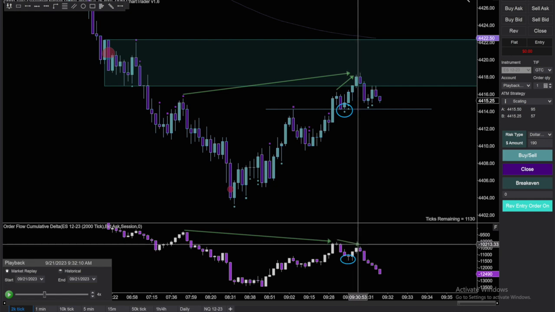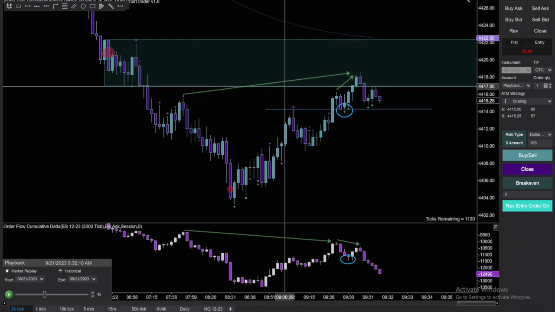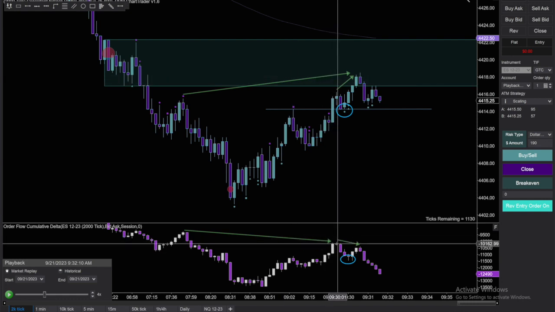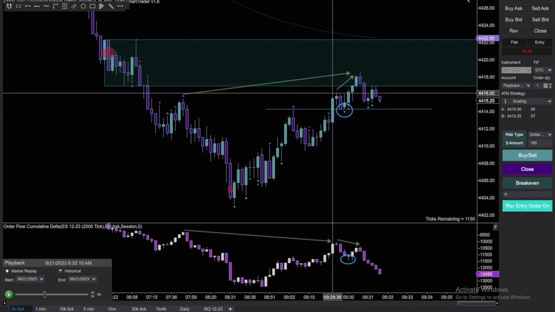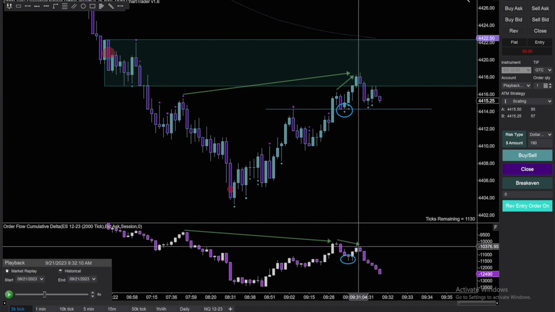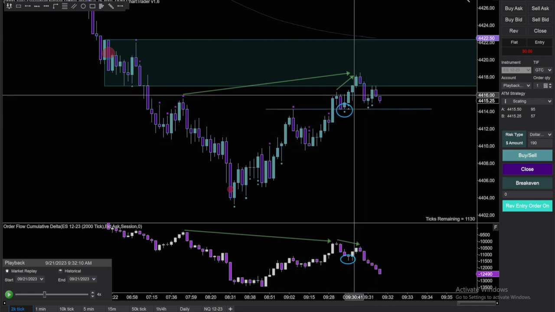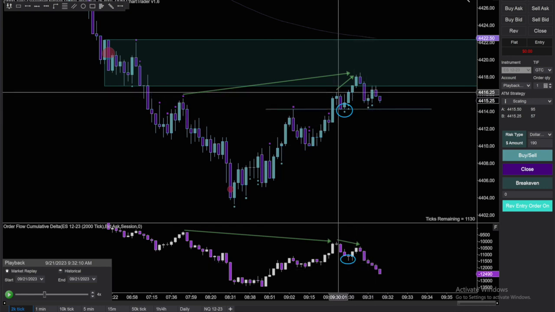Notice on the delta, again, it's a lower high. So on this bigger swing, we have this divergence, and on this little swing, you wouldn't even call this a double top, but we have the divergence there on that last push up, okay? So that's really important. Pairing that with how strong the sellers are slamming down into this, that's what's going to give us a lot of confidence to take this trade.